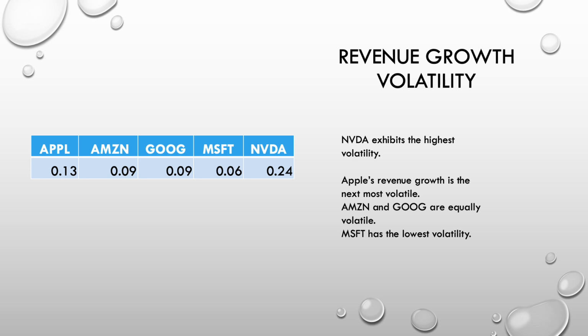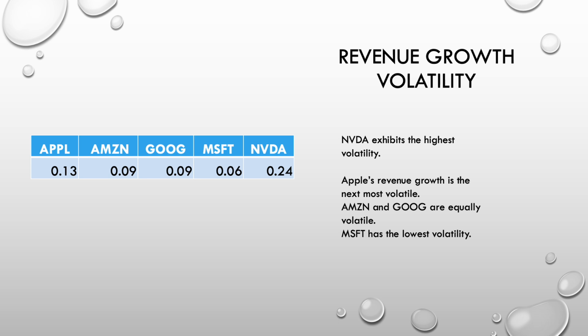This table has the standard deviation for the five companies, and as you see, Nvidia's volatility, or standard deviation, is 0.24, while that of Microsoft is 0.6. Microsoft has the least, Nvidia has the highest. The next highest is Apple. Amazon and Google are tied.